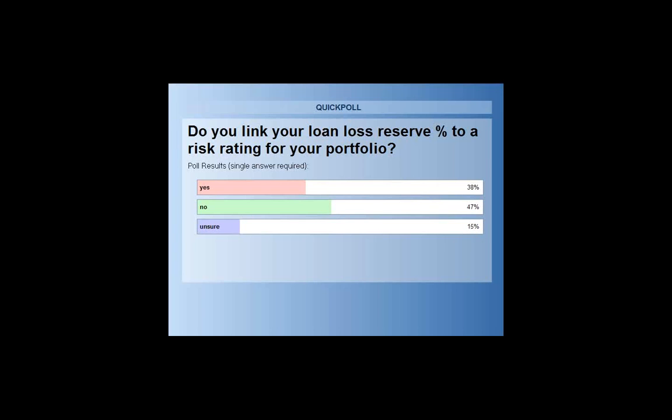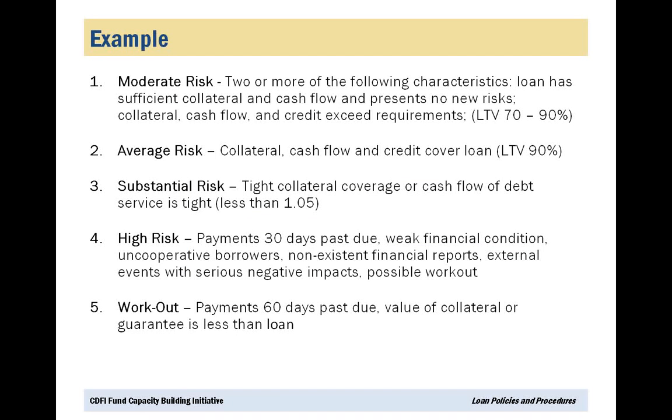And there are risk rating systems that have 6, 7, and 8 categories, and I am hearing increasingly from people that are liking categories a little more than 5 because it allows them to tease out more differences in the 3 and 4 area. But there's still plenty of loan funds that just use 5, and that can work too.